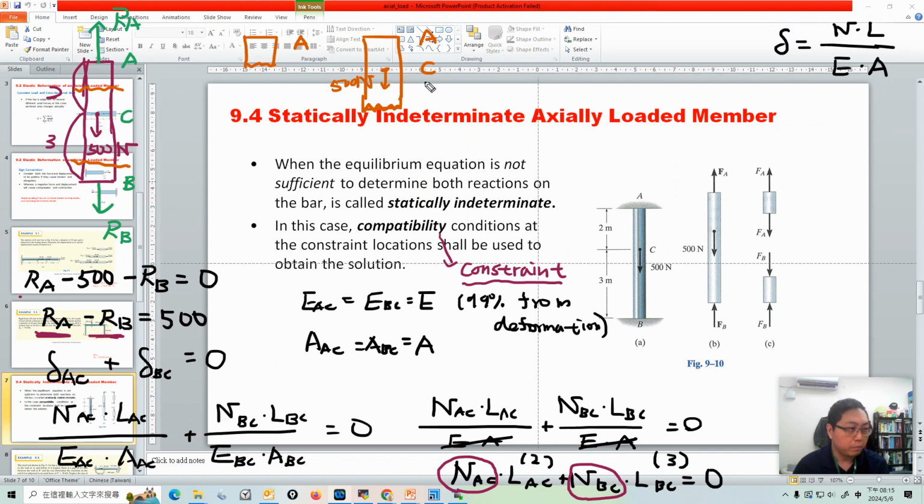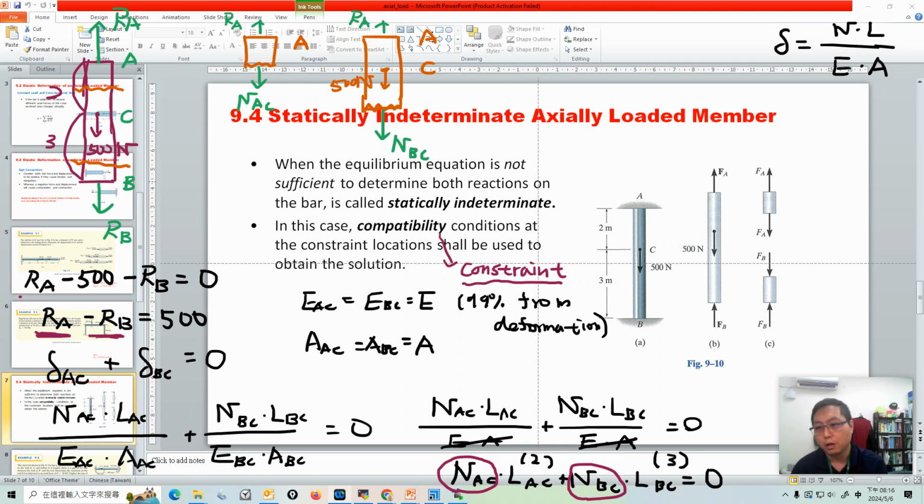And that's B. Then we put our RA back in, and RB. In the cut section, I don't know the direction of the force, right? So I just assume everything is tension again. This is for NAC, and this is NBC. If you use the cut section method, you can find a relation between NAC, NBC, RA and RB.